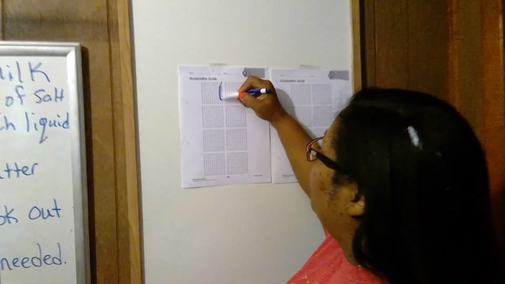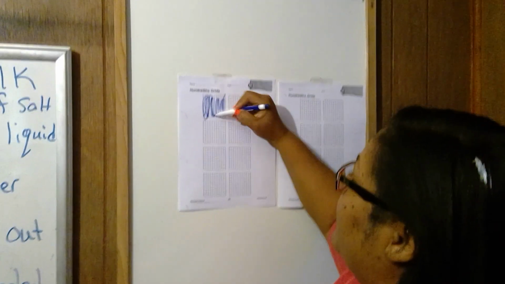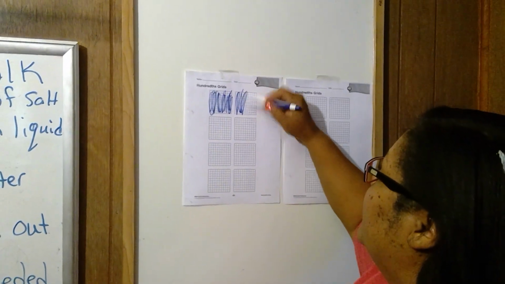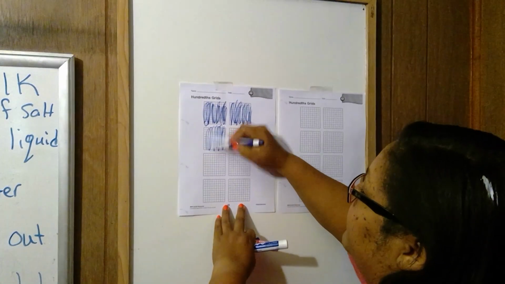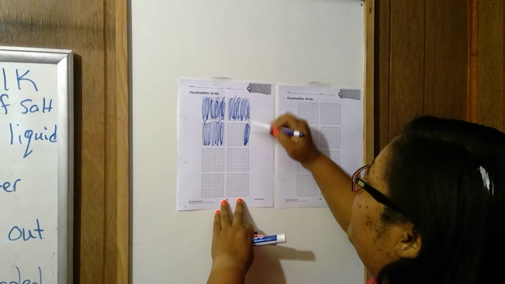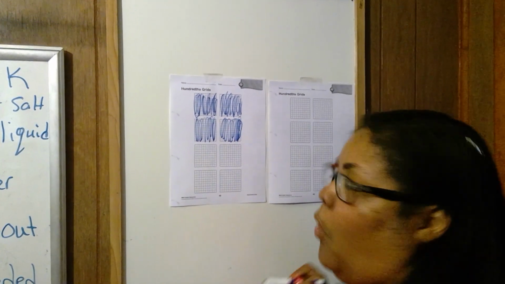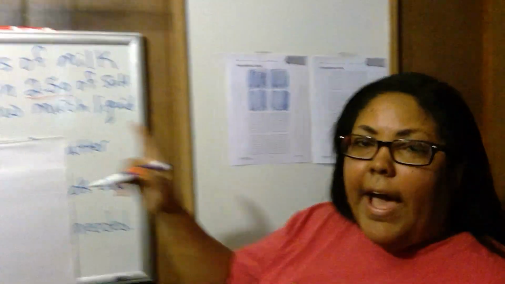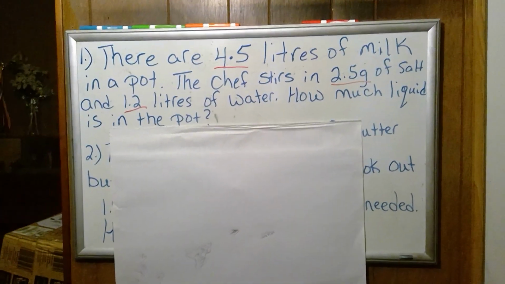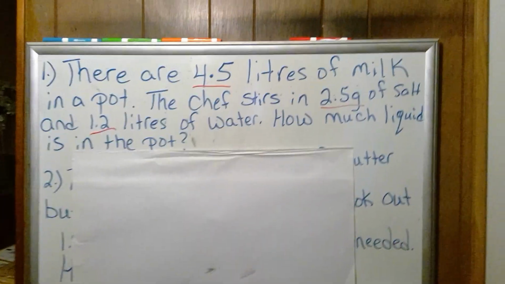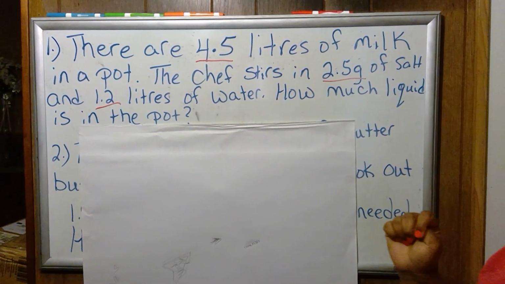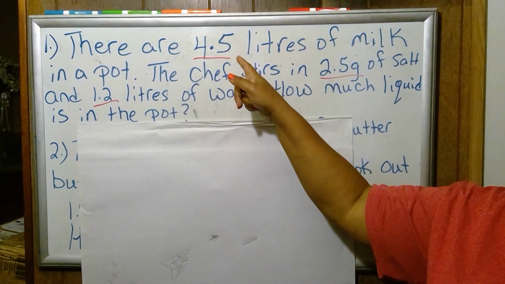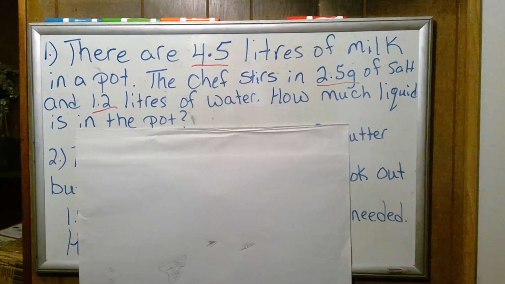I'm going to shade them in. 1, 2, 3, 4. Now, what place value is that 5 in? We've been talking about place value since day one of our 2018-2019 school year. And it is what? Yes, it's in the tenths place.